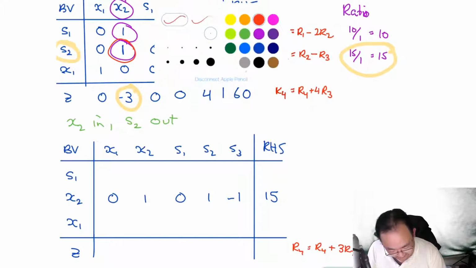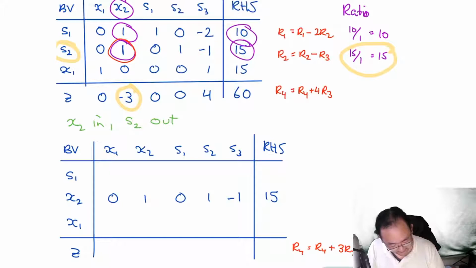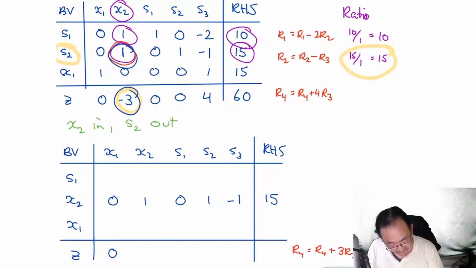Okay, so let's see if I can do this. 0 plus 3 times 0, that's going to be 0. Minus 3 plus 3 times 1, so that's going to be 0 as expected. And then 0 plus 0 is going to be 0. 0 plus 3 times 1, so that's going to be a 3 here.